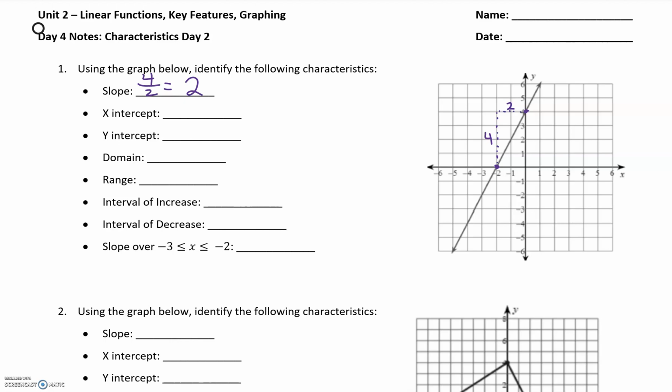The reason I did that first, because that was pretty easy. Before I start and find all these other characteristics, I want to identify what the ends of my graph are doing. So this right side end is going up forever. Well, up numbers are getting bigger and bigger towards positive infinity. It's also going right forever. Right numbers, if you look on your x-axis and keep going right, those are getting bigger and bigger towards positive infinity.